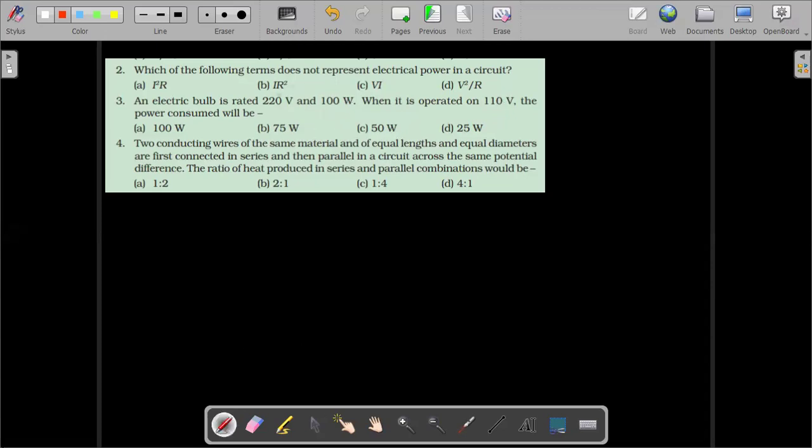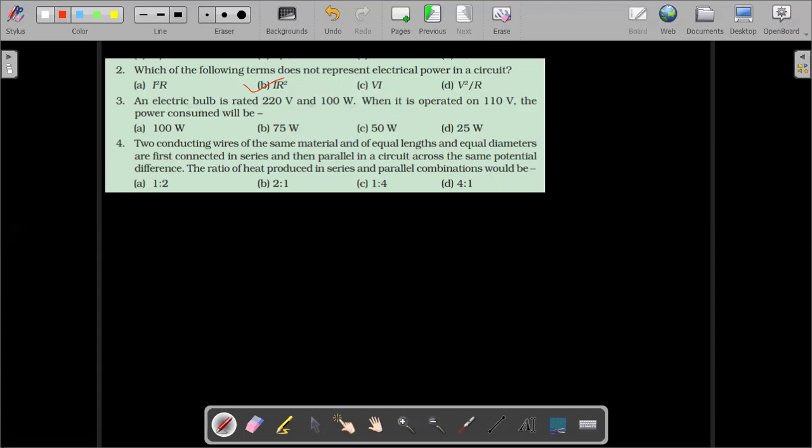Option B for the next one. Third question. Sir, should we count 220 volts or 110 volts? Which one? Question 3. Yes, sir.